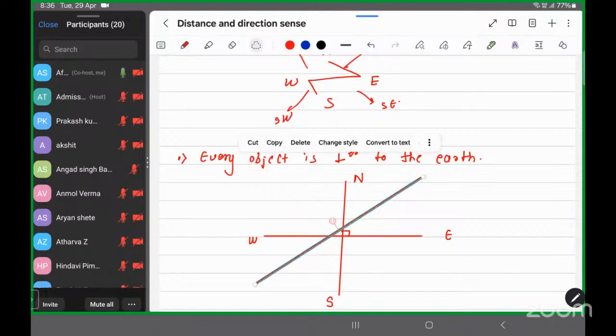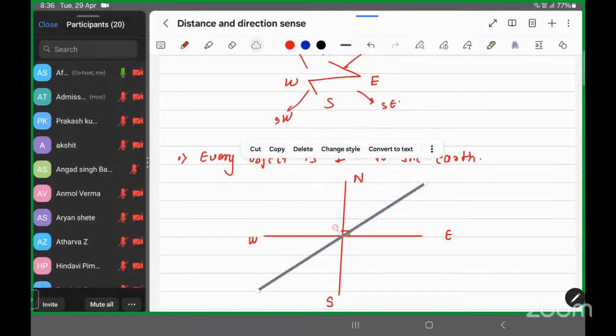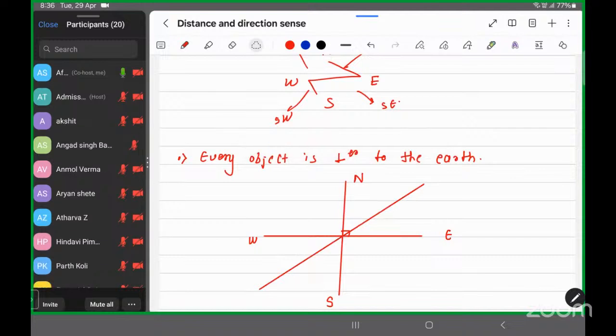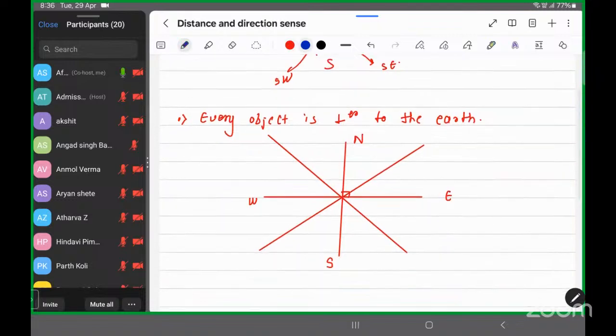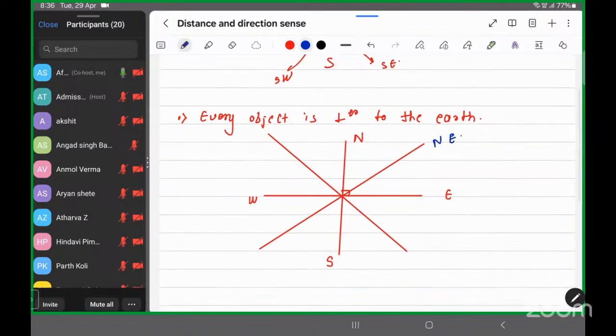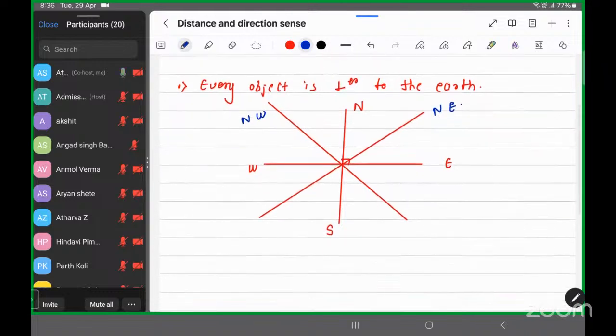And this is the line which makes a 45-degree angle. And this is also a line. So we consider it as a northeast and this is a northwest, and southwest and southeast, like that.